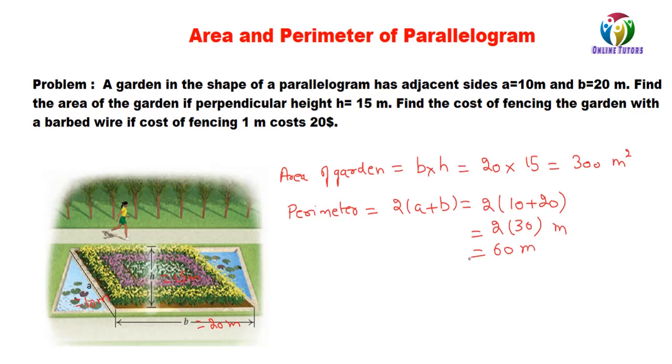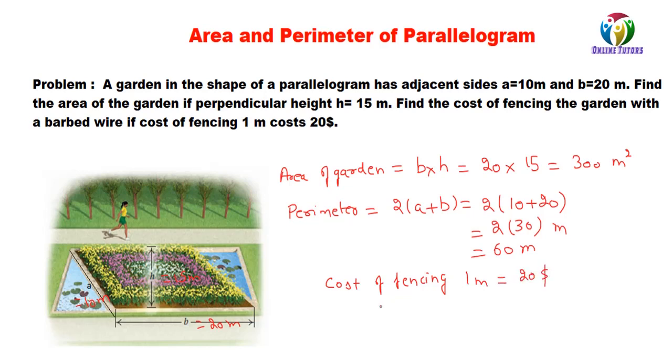Next we need to calculate the total cost of fencing the garden. 1 meter costs $20. Applying the unitary method, the cost of fencing 1 meter is equal to $20.